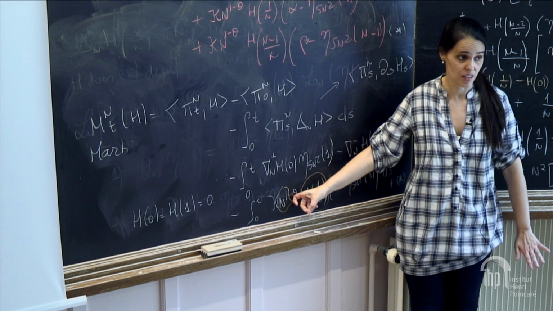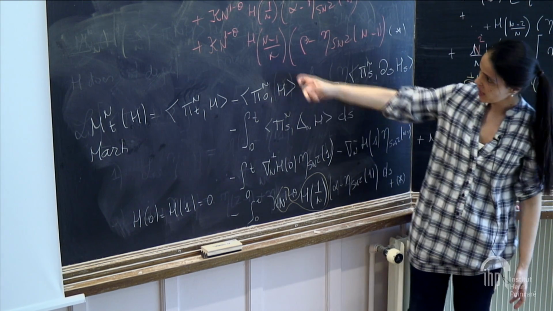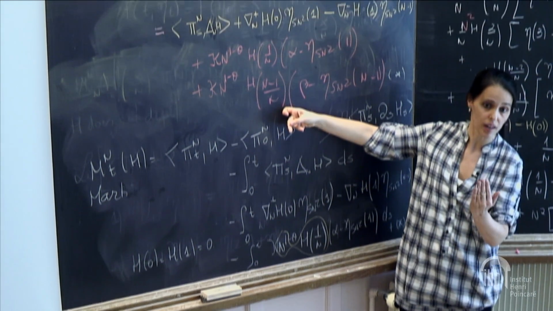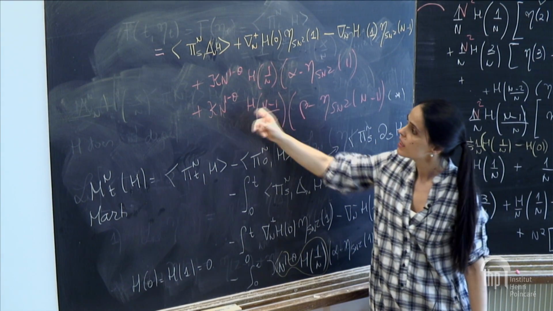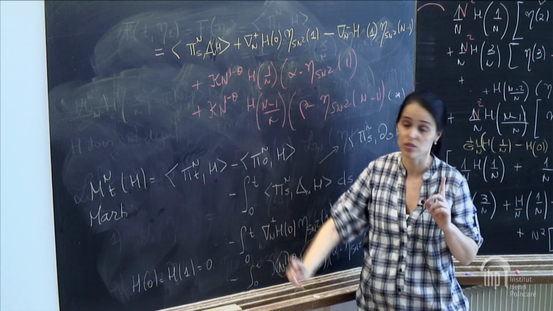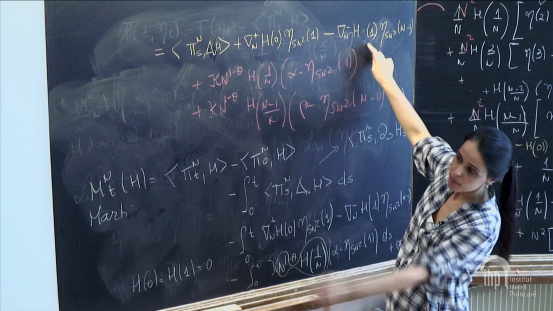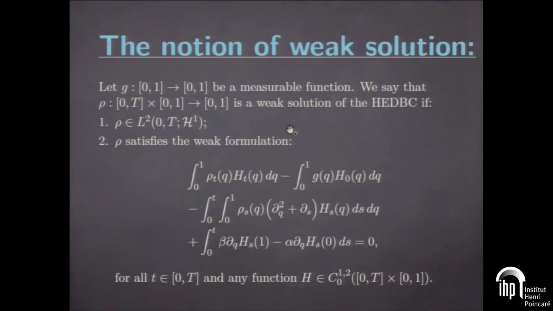You agree? So I don't see this term. This term disappears. The other one is exactly the same. I complete it with the h at 1, which is 0. So I transform this times n into a discrete derivative, and it vanishes for theta positive. And then it remains this term and this term. But in the equation there, you see that in front of the derivative, for example, this partial derivative at 0, I have an alpha in front of it.